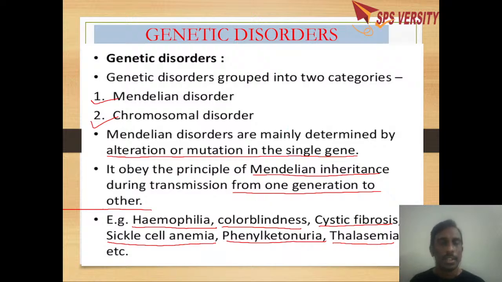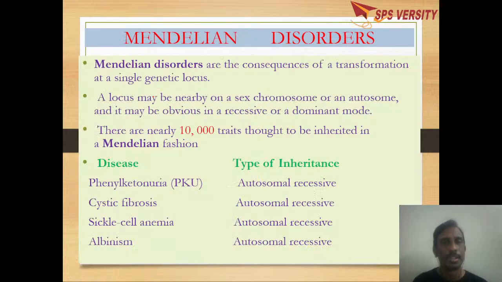That is, genetic disorders are classified into Mendelian disorders and chromosomal disorders. First we'll discuss Mendelian disorder. What is the reason for this? It is due to a change in a single gene locus.